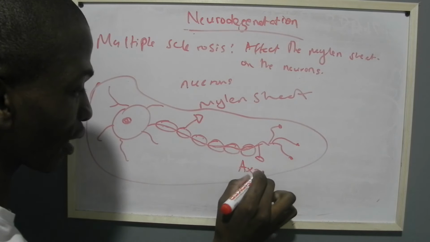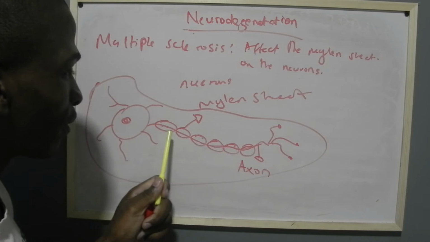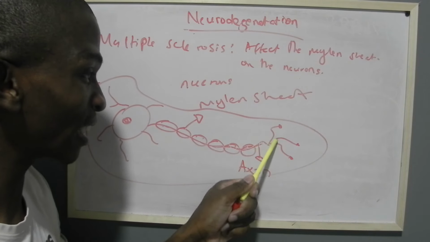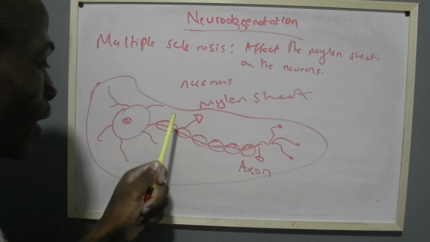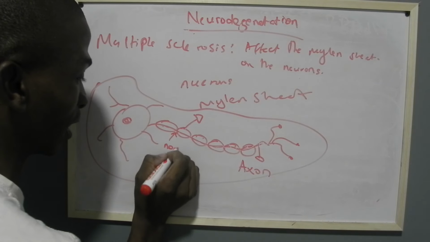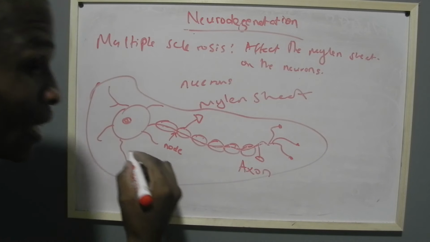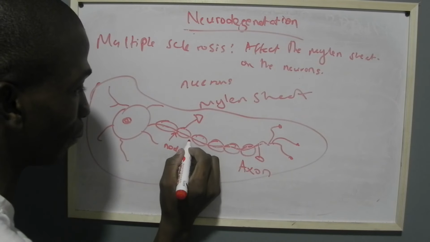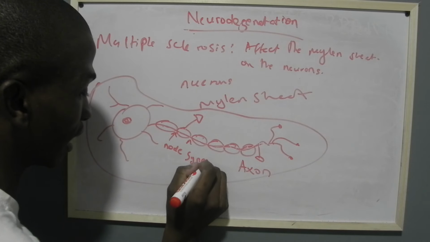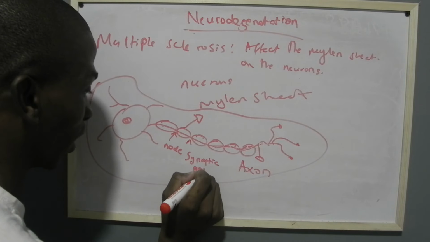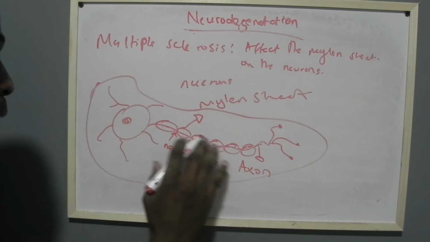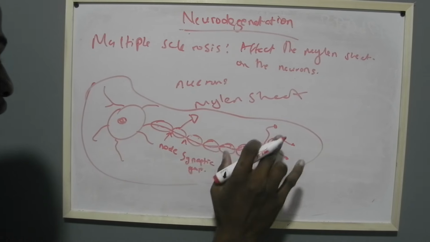In order for electrical signals to be passed from one node, there is a gap here which is called the node, or the synaptic gap. Electrical signals are being transported throughout these axons.